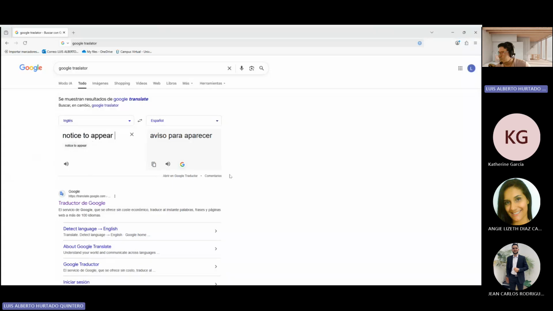But if you look up or research these words in the dictionary, notice has several meanings and appear has several meanings. So if you are using this sentence for translation in a specific context like a legal document, the word notice has to change to notificación, and appear would have to change to comparecer.